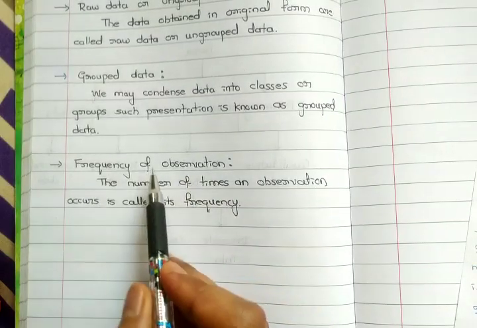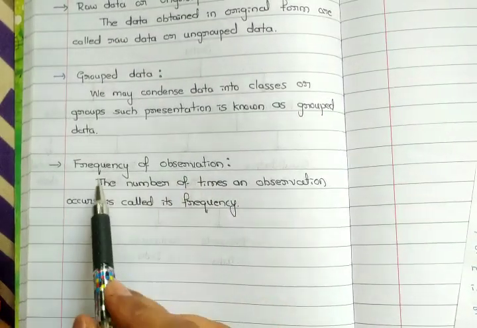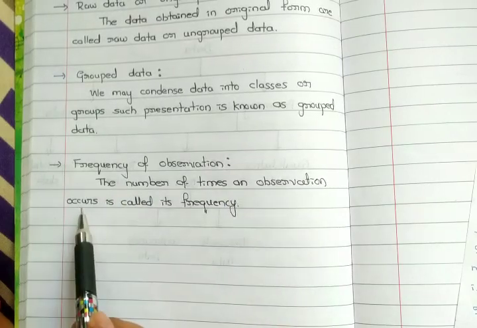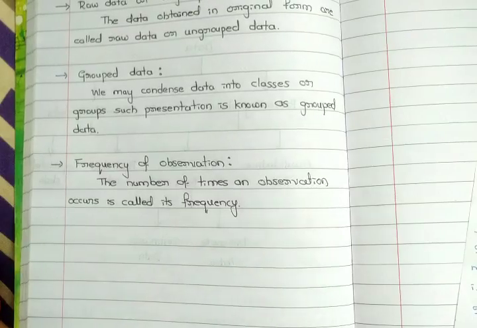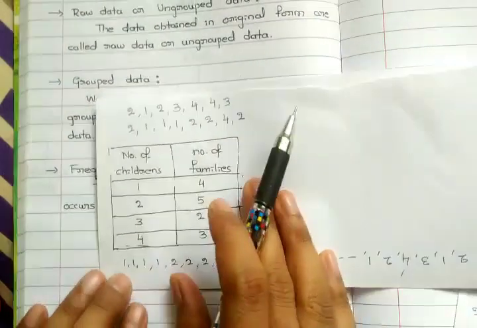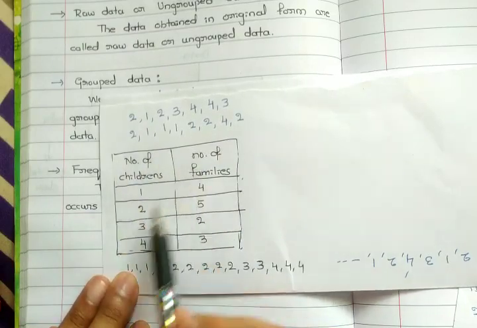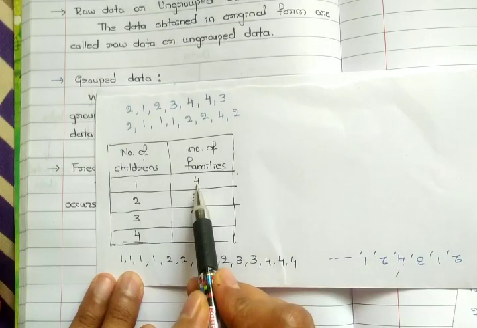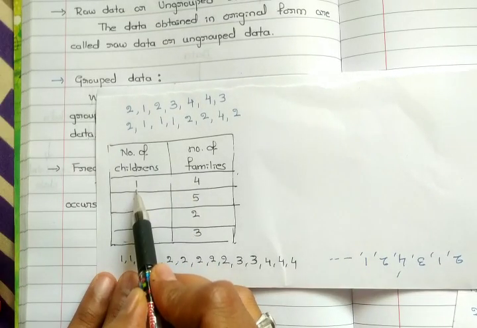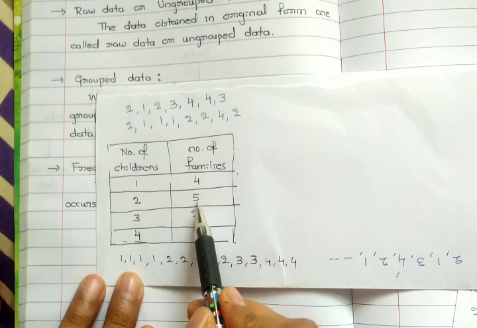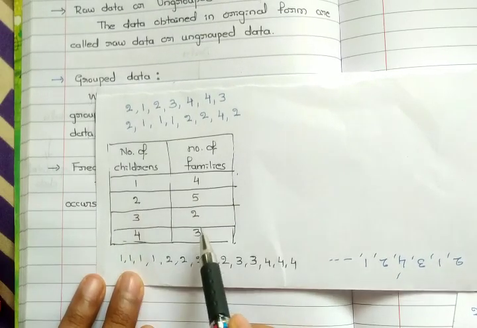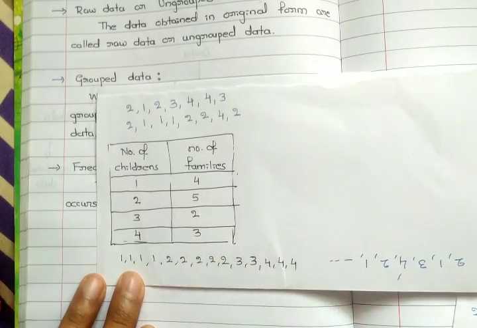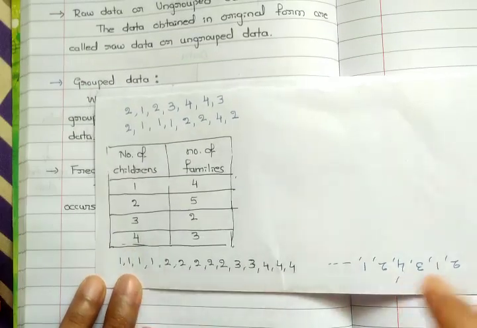Next, frequency of observation. Frequency of observation means the number of times an observation occurs is called its frequency. For example, you can see in this table, 4 families have only one child, similarly 5 families have 2 children, 2 families have 3 children, and 3 families have 4 children.